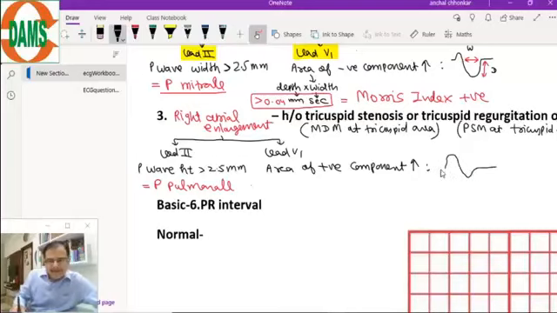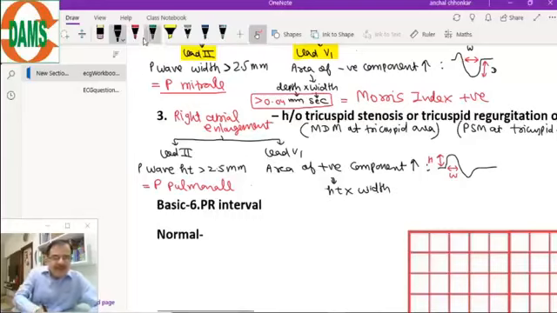P wave. So the area of the positive component will be determined by height and width, because it is determined by area. So the area will increase, and the area will be calculated as the height multiplied by width.